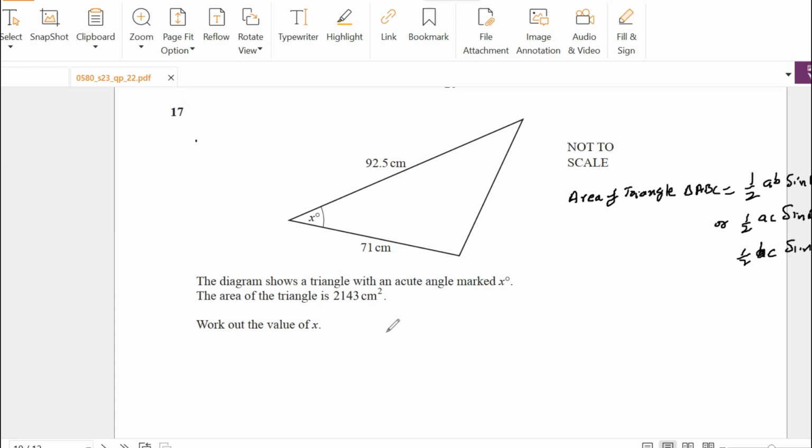So area is given. If I say area is equal to 1 over 2 AB sine C, let's suppose this is angle C and these are the sides AB. So we have 1 over 2, 71 and 92.5, sine C, we are looking for the angle. And area is given, 2143.